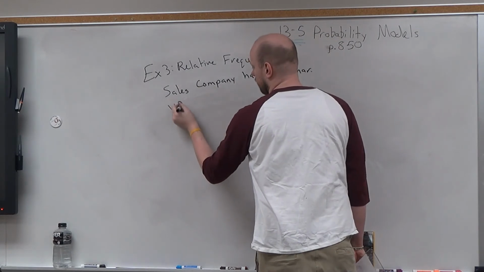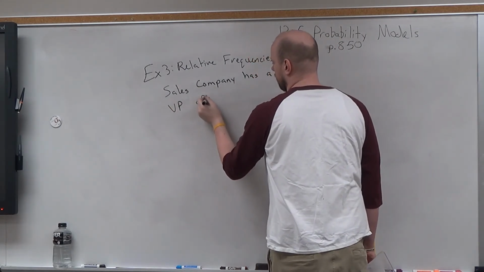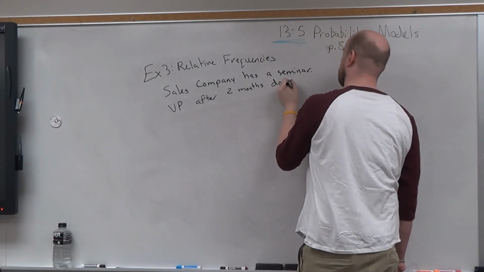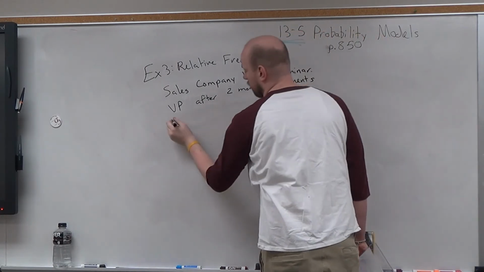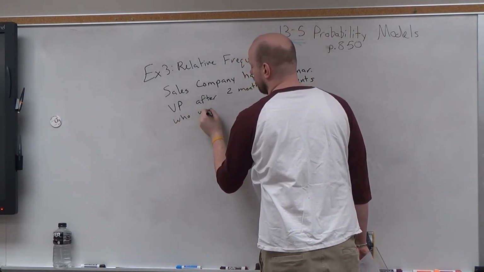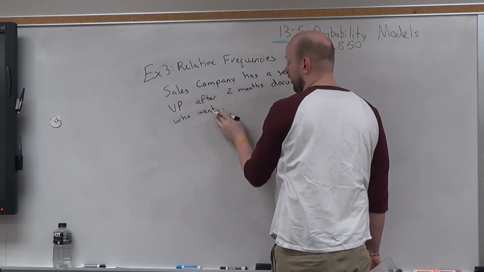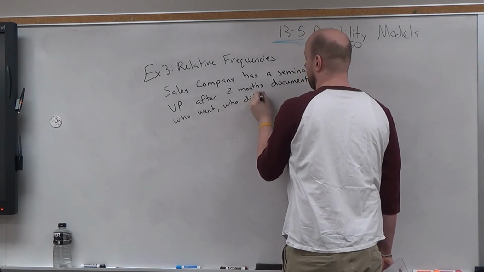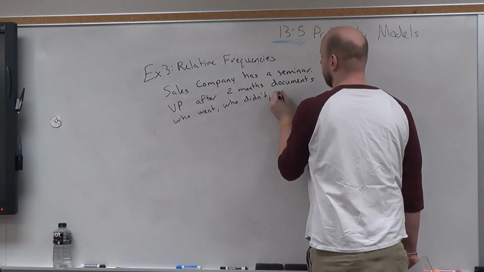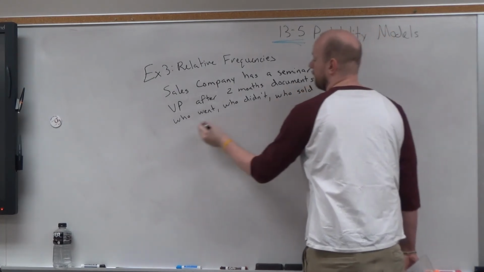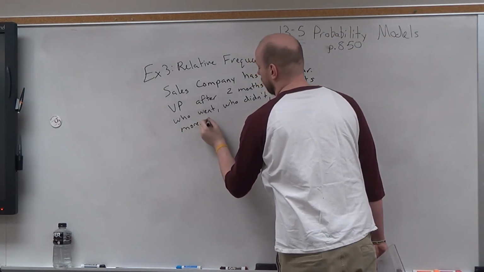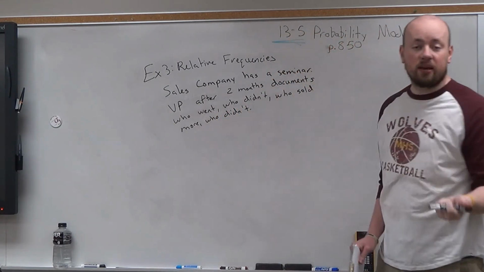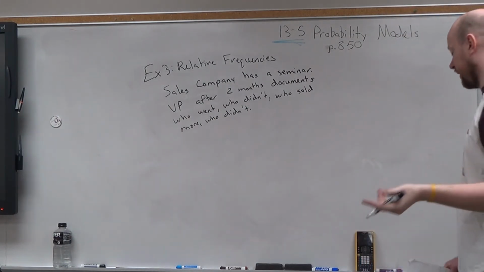The vice president, after 2 months, documents who went, who didn't go, who went, who didn't, who sold more, and who didn't. So we have 2 sets of data: who went to the seminars and who increased their sales.